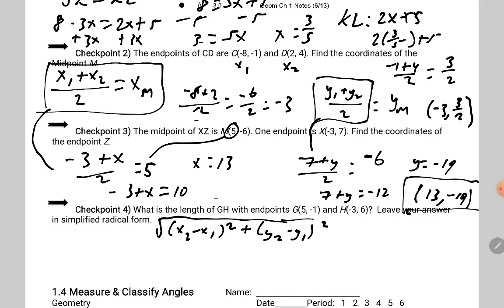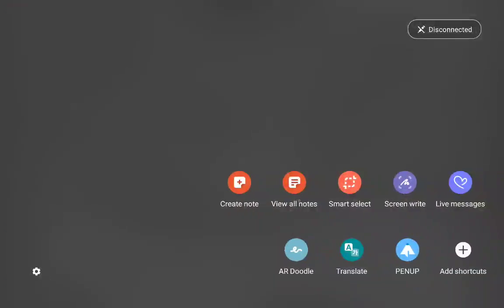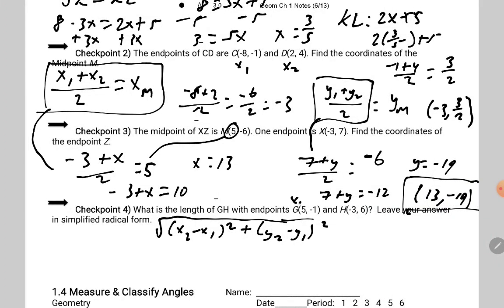So it doesn't matter which one you call your first coordinate or your second coordinate. Just make sure you label them so you don't get mixed up. So here's x1, y1, x2, y2. And then I'm going to plug them in.